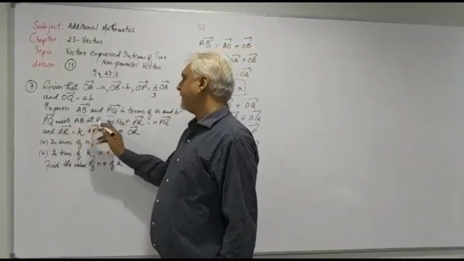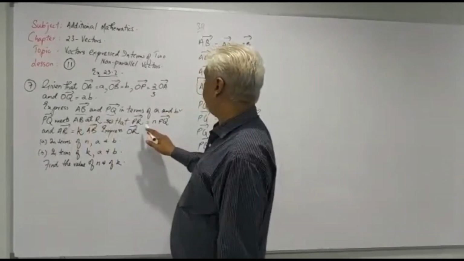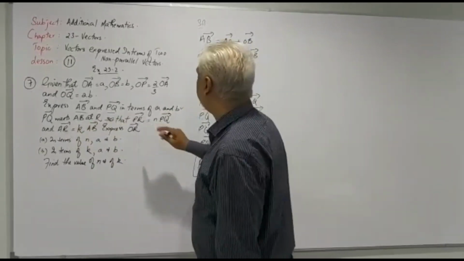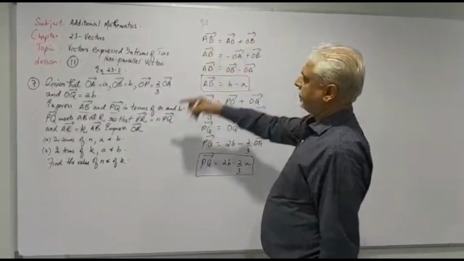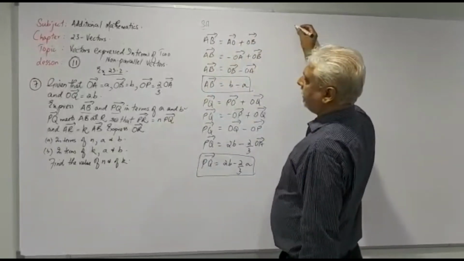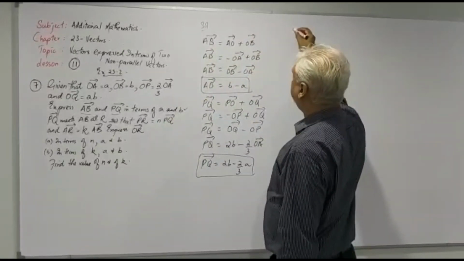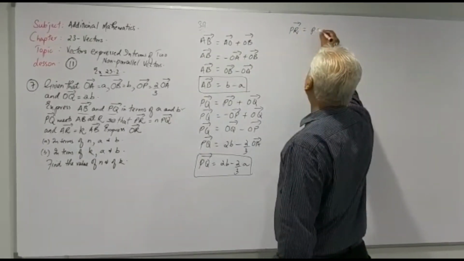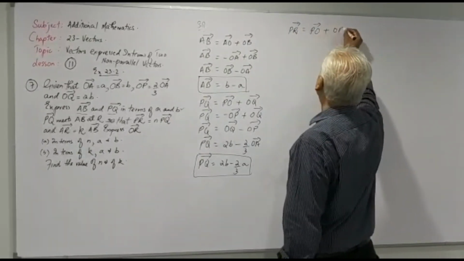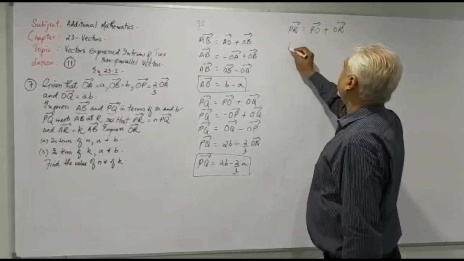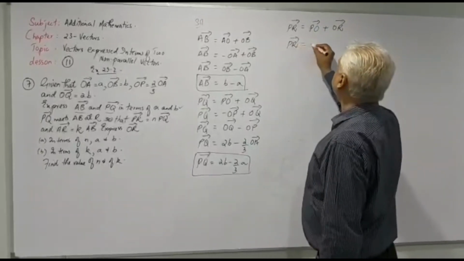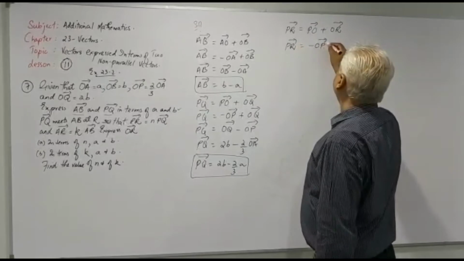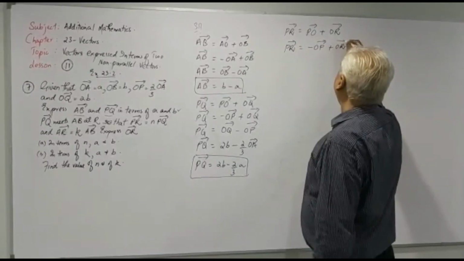Now PQ meets AB at R, so that PR is equal to nPQ. Now let's solve the next part of the sum. PR is equal to PO plus OR, or I can write PR is equal to minus OP plus OR.